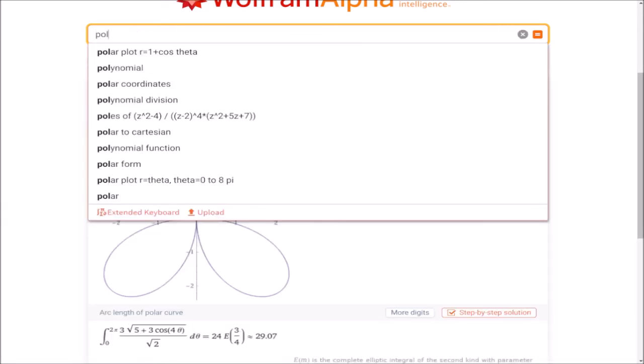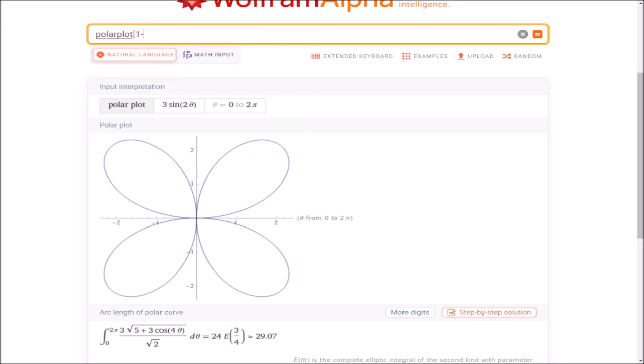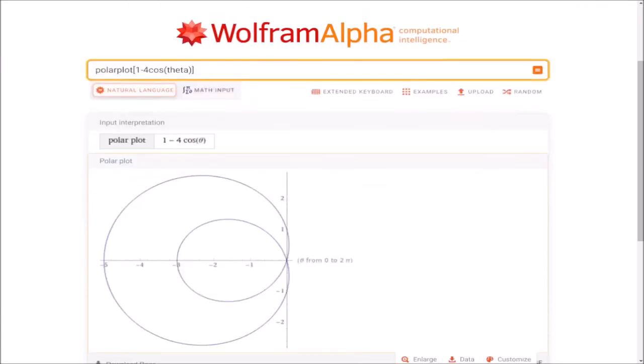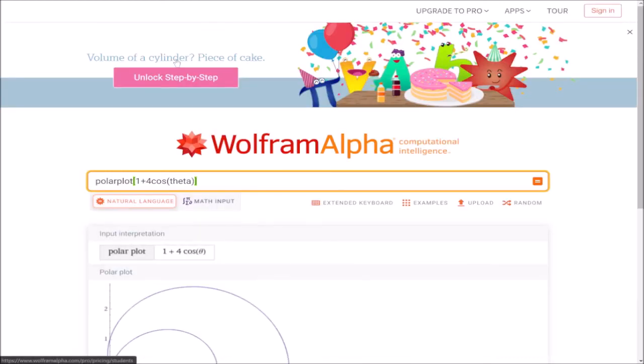Right, so let's go ahead and do that. So polar plot 1 minus 4 cosine of theta, and let's just see what this is going to give without specifying a domain. I put minus instead of plus. That should have been a plus. Let's try that again.